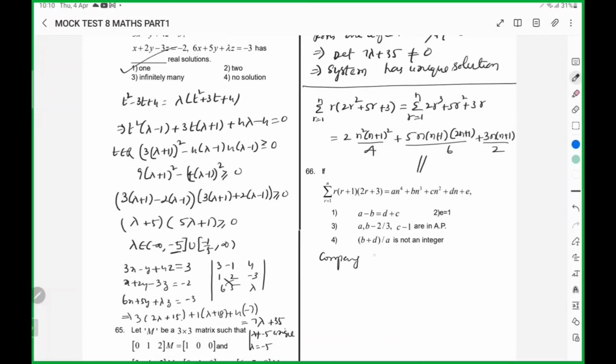Comparing n power 4 coefficients, 2 by 4 is A, so A is half.